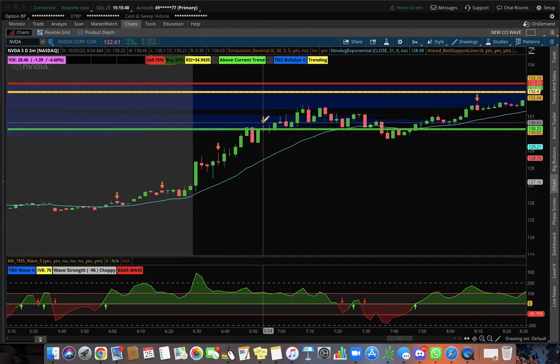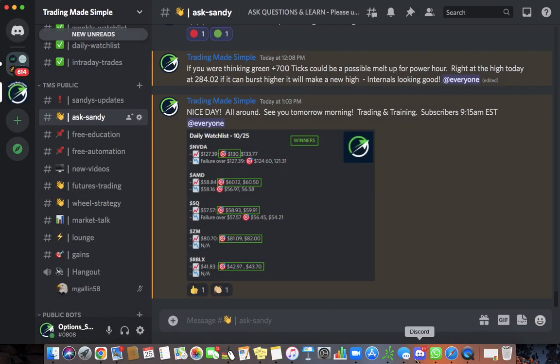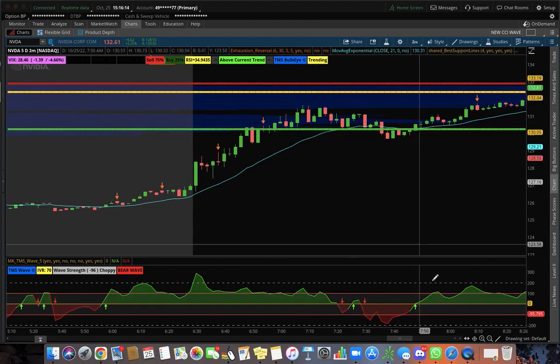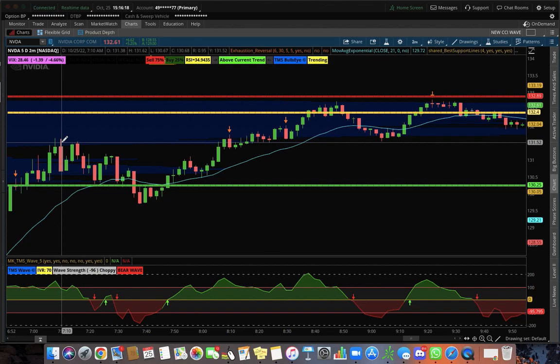RSI, as soon as RSI starts to change from patterning up to start losing a couple points on RSI, you could exit there. But I guess the point being is that as you utilize these types of watch lists, even though the second target is at 133.77, doesn't mean that once you hit your first target that you didn't make any more money off this play.